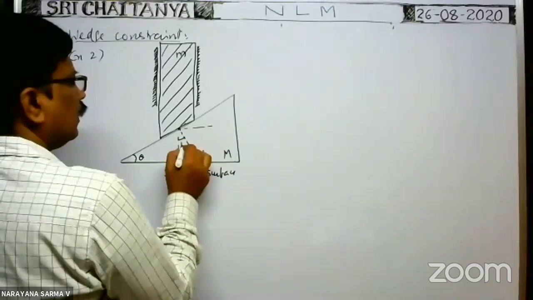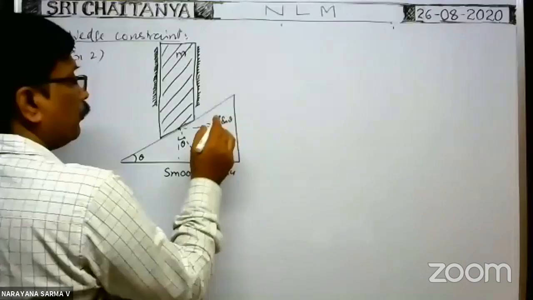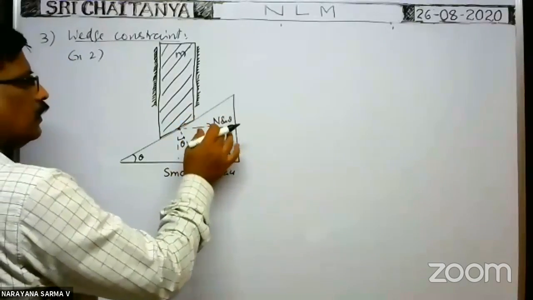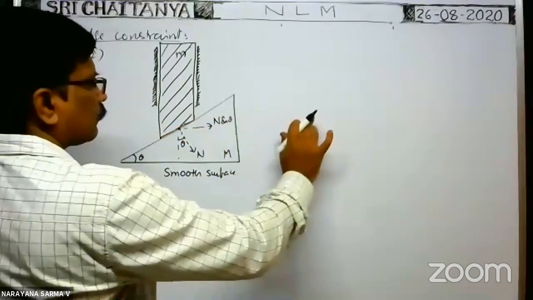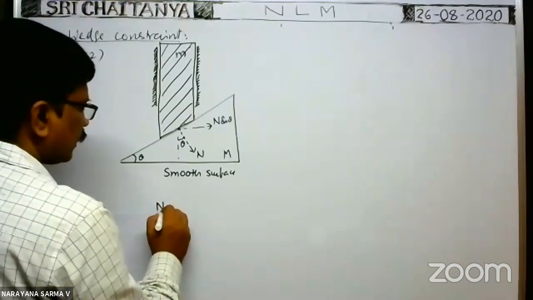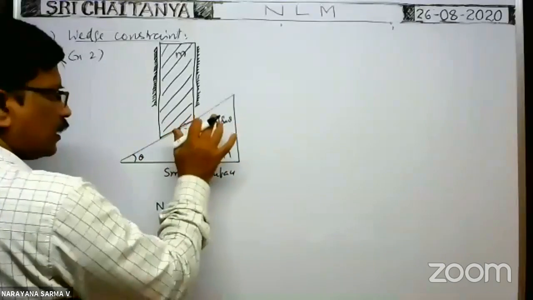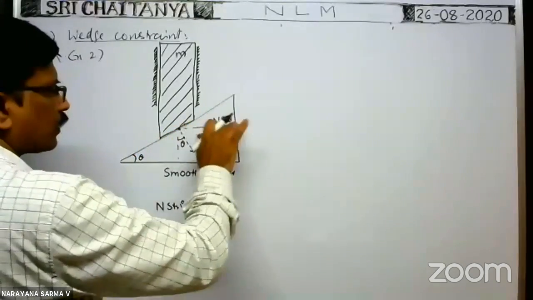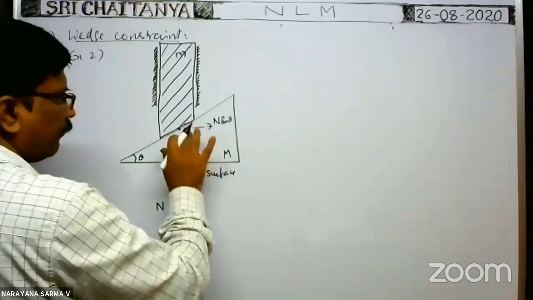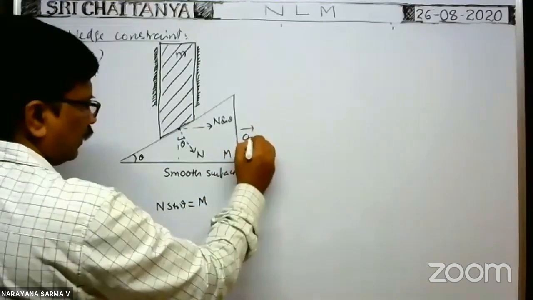Then the normal force component in this direction is equal to N sin theta. Because of this N sin theta component, the wedge moves towards the right. This is the only force acting on the wedge towards the right. With this force, the wedge moves towards the right with an acceleration, say AW.